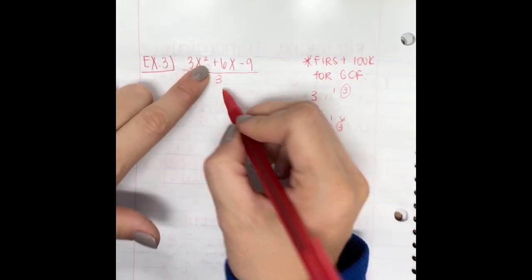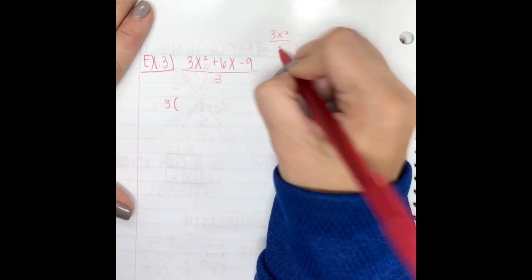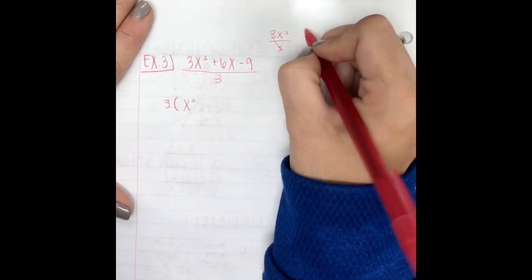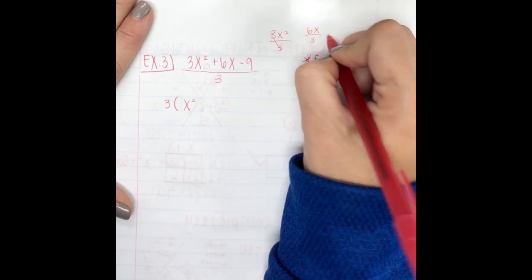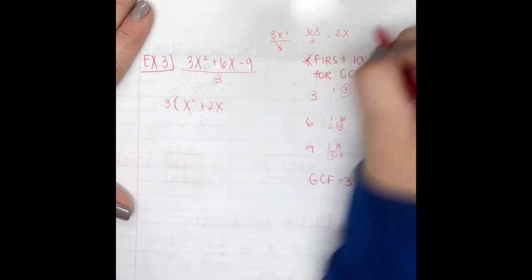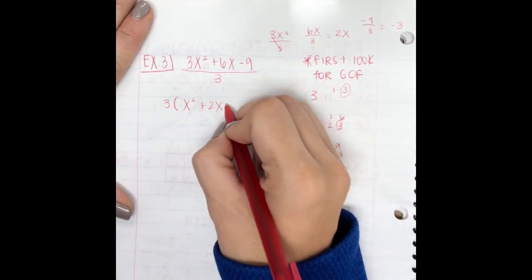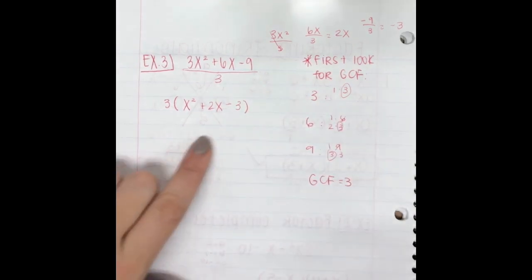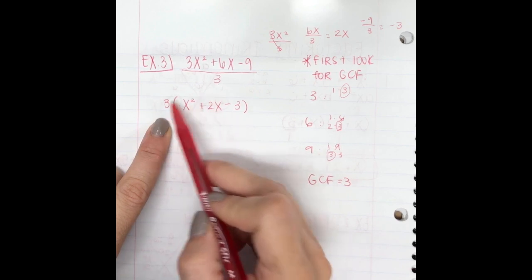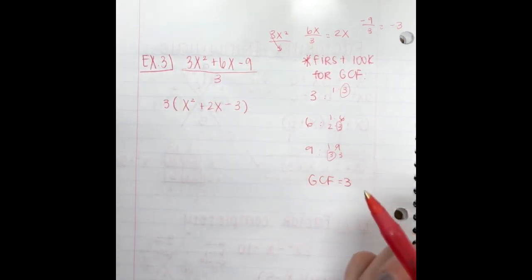So 3x squared divided by 3, 3 divided by 3 is 1, so you're left with 1x squared. 6x divided by 3 gives you 2x. And then negative 9 divided by 3 gives you a negative 3. Okay, so we've factored out a 3. If I were to distribute this 3 back to everything, it would look like what we started with, right?